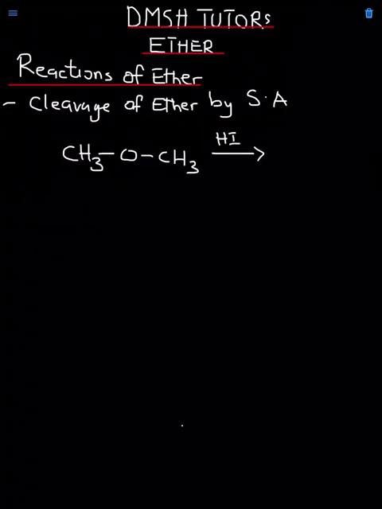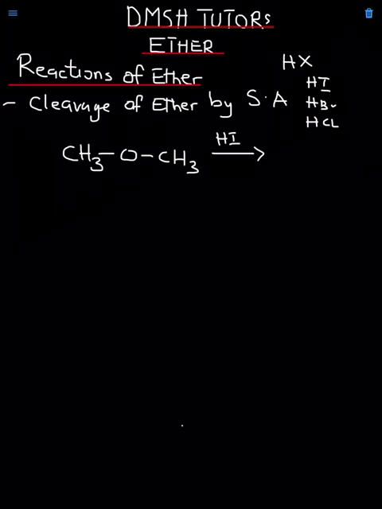By strong acid, in this case, we mean hydrogen halide. It can be hydrogen iodide, hydrogen bromide, or hydrogen chloride.